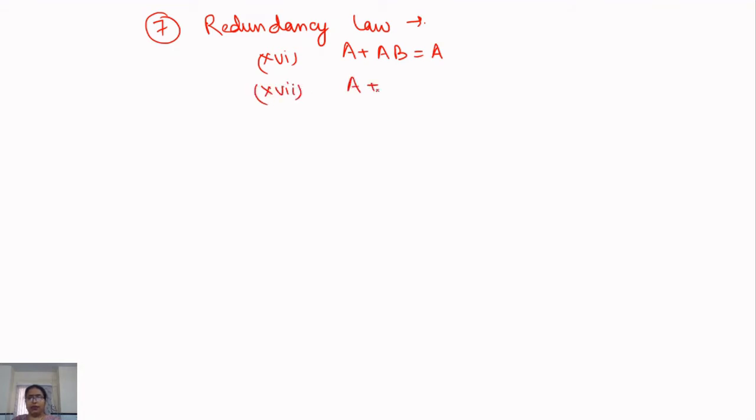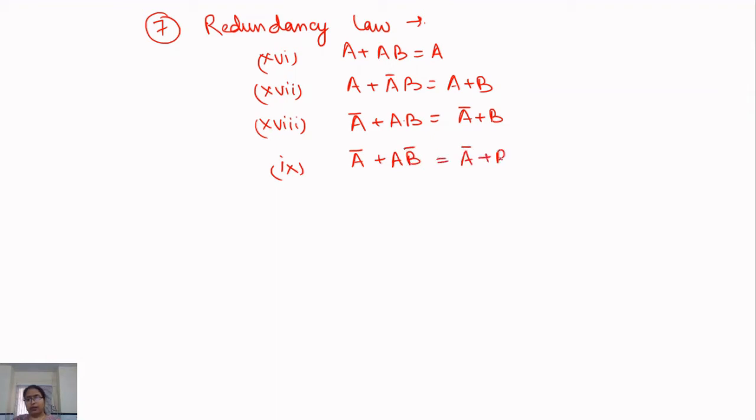Then the redundancy laws. The redundancy law states that the 16th is A plus AB is equal to A; A plus A bar B is equal to A plus B; then A bar B plus AB is equal to B; and the 19th is A bar plus AB bar is equal to A bar plus B bar.